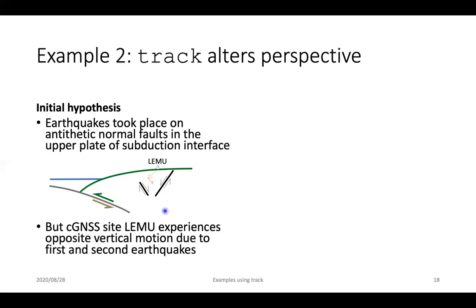But this is not what we saw in the time series. We saw a westward motion and then an eastward motion, so the horizontal is correct here. But in the vertical, we saw a downward motion and then an upward motion during the second aftershock, which does not fit with this model.